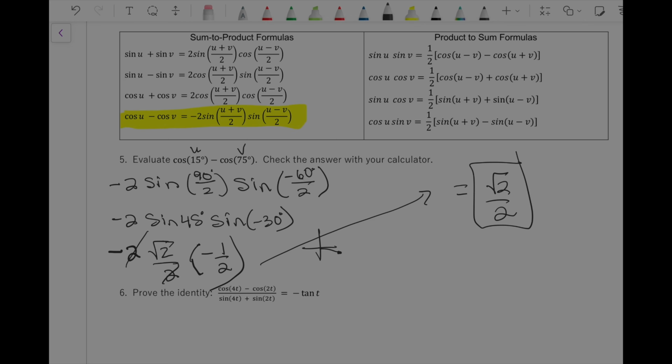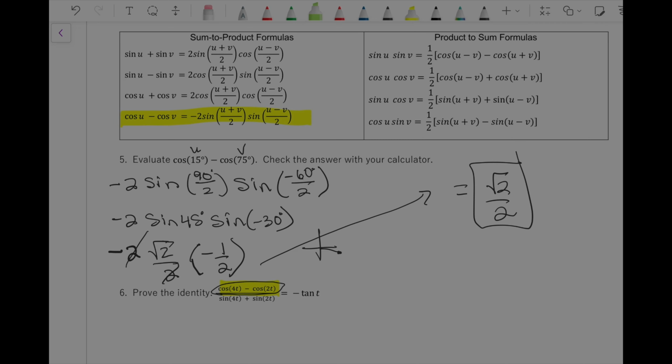All right, let's go to the next one, which is proving the identity. Obviously, these proving ones get harder and harder as we go with each section, but let's see if we can tackle this. I think the easiest way will be to manipulate the left, because in the end, we're trying to get it to equal negative tangent. So let's try to use the difference to sum, sum to product ones for top and bottom, because then stuff can cancel out. I can't cancel stuff out here because there's addition and subtraction signs. So for the top, cosine minus cosine will be that one.